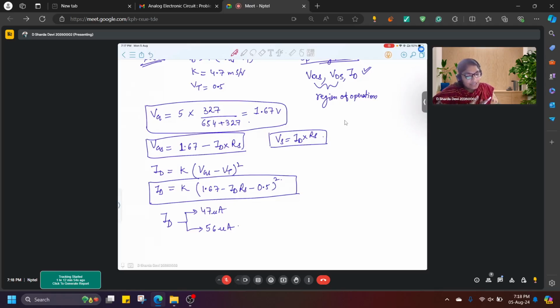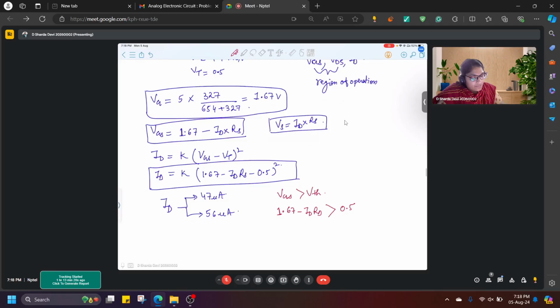For the normal condition, from the very beginning, we know that VGS should be greater than VT. So 1.67 minus ID RS should always be greater than 0.5 volts. When we substitute, one value gives us a greater value, whereas the other gives a lesser value. That means with this value of current, your transistor won't be on.